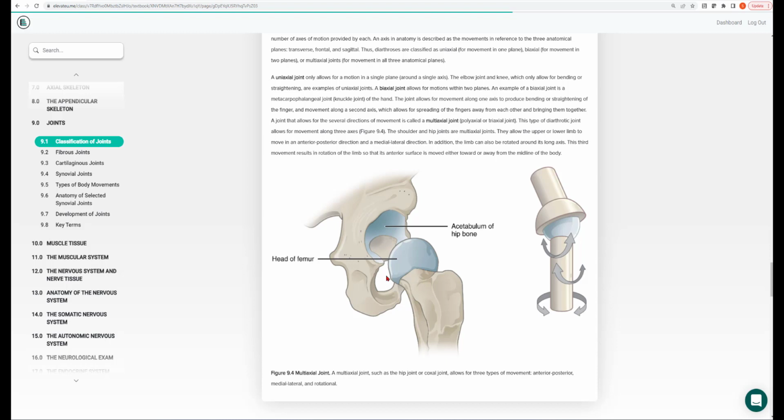Do you remember the name of this foramen? That is the obturator foramen. And again, the hip joint, better known as the coxal joint, that's the anatomical name for this joint. This is a multiaxial joint.